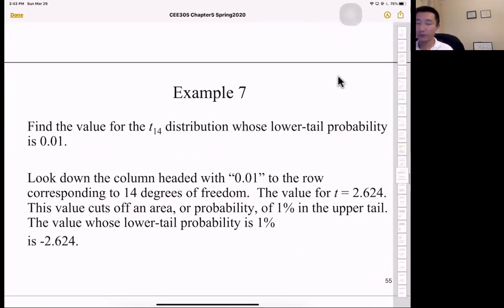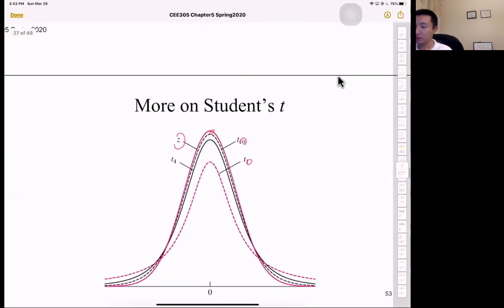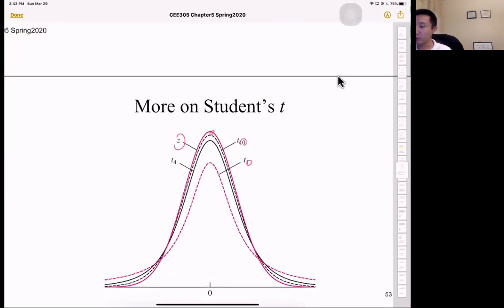Another example asking what is the value for t14 distribution whose lower tail probability is 0.01. Okay, so we know the t-curve is symmetrical to its center line.